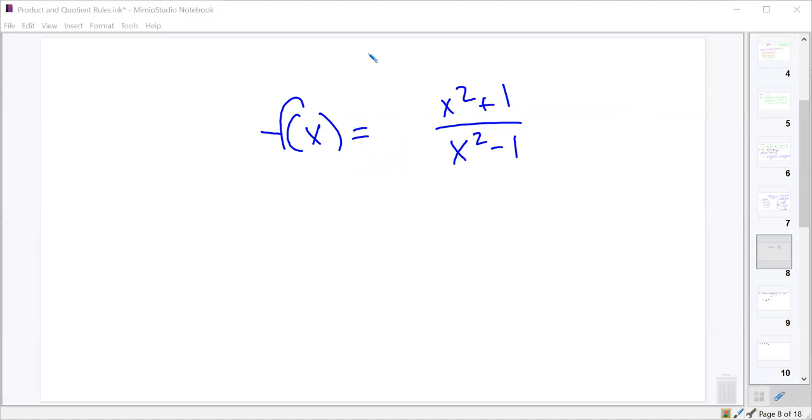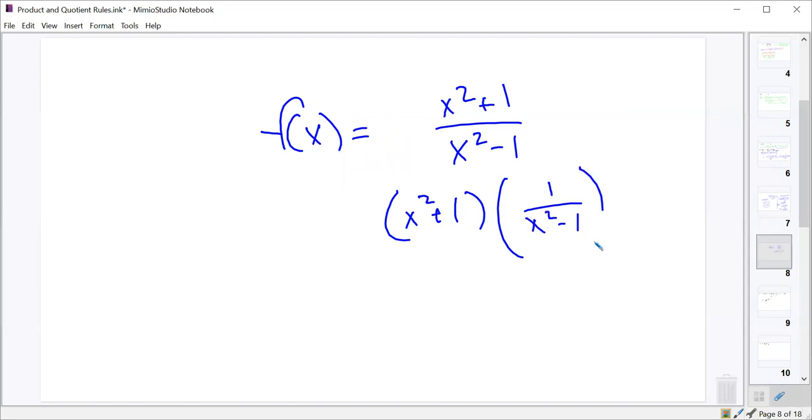Okay, it could be written like this, x squared plus 1 times 1 over x squared minus 1. And as you go through and try to use the product rule for that, you're going to need to know how to take the derivative of 1 over x squared minus 1. But we don't know how to do that yet, do we?